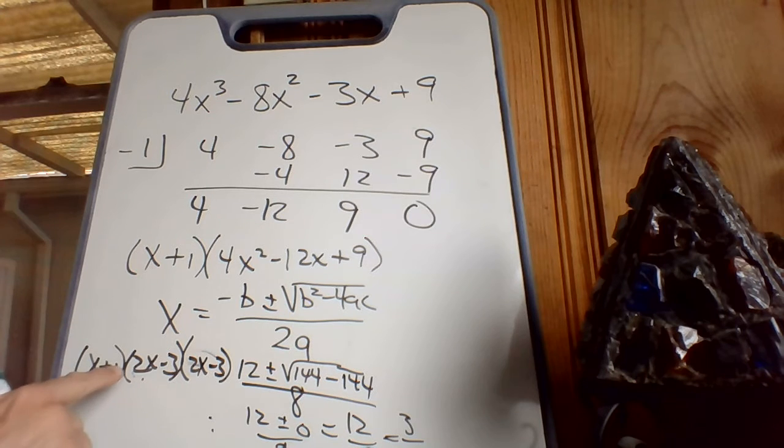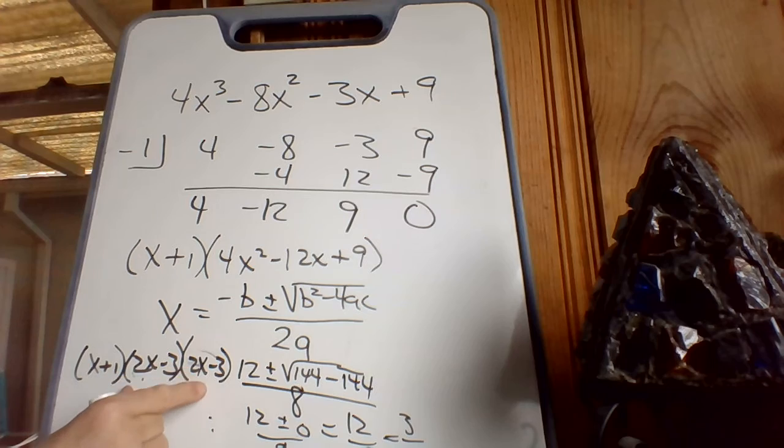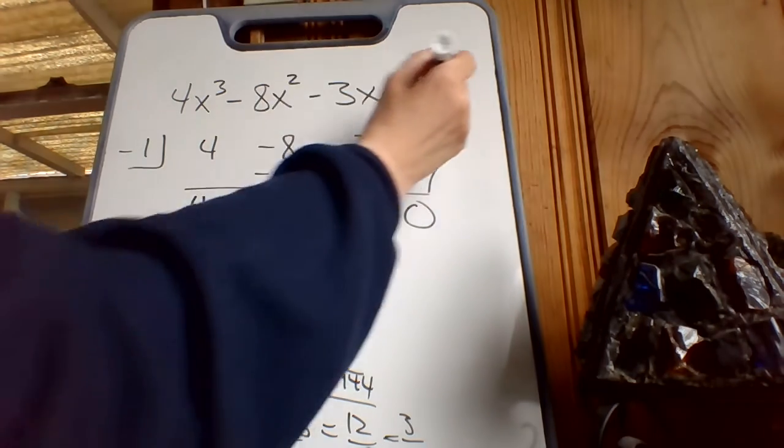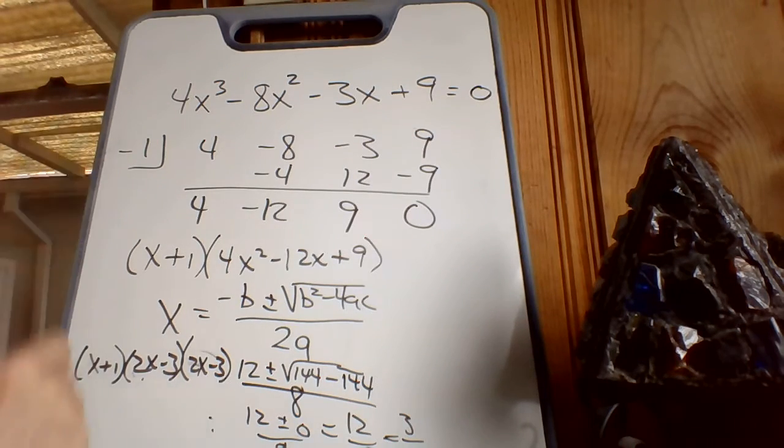This was from that -1. These two came from the quadratic formula. The actual problem said, if this is equal to 0, what is x equal to? We already know. X is equal to -1. I figured that out a long time ago. And x is equal to 3/2, and that would be equal to 3/2 twice. So that's how you do that.